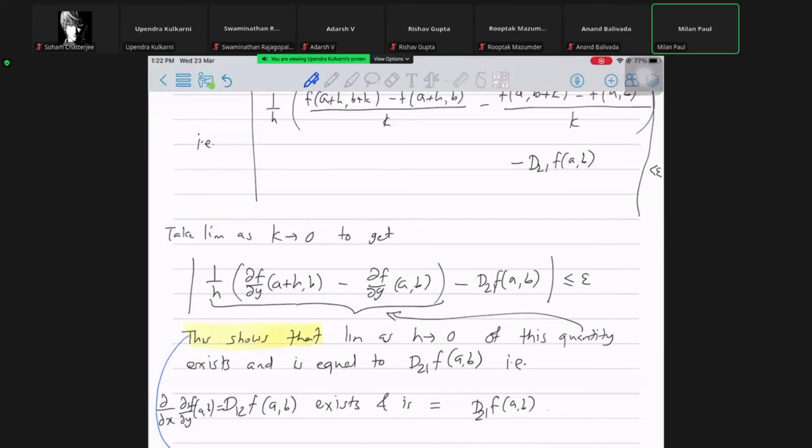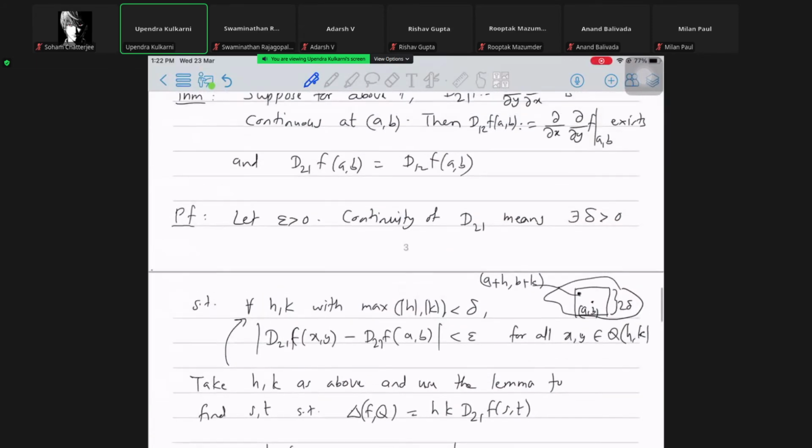Sir, should D21 and D12 of f exist in an open interval? It will be a consequence of this.